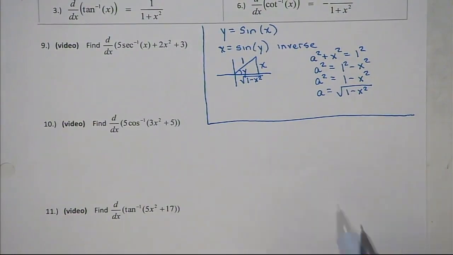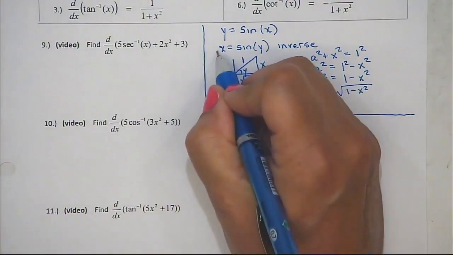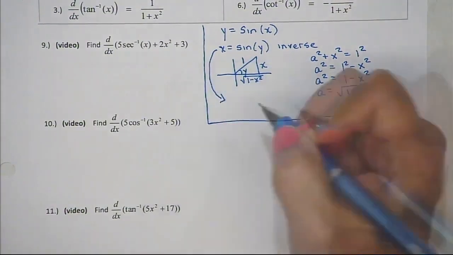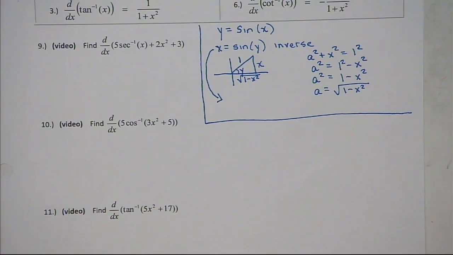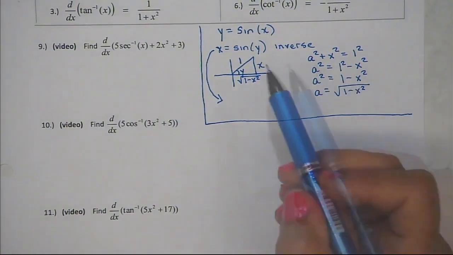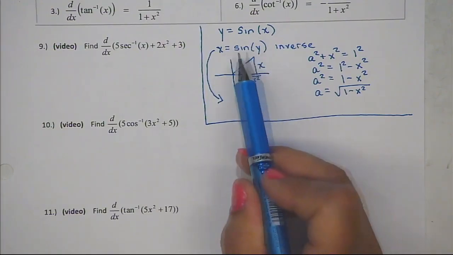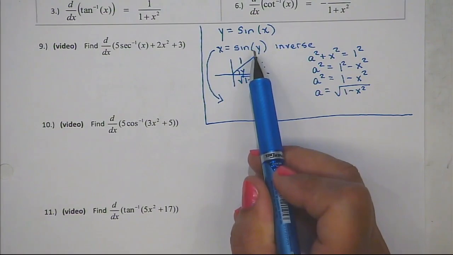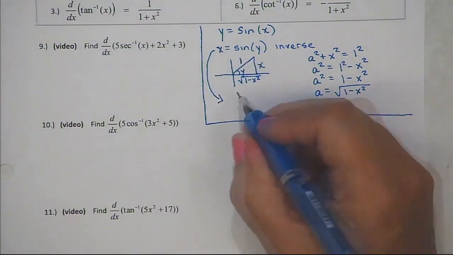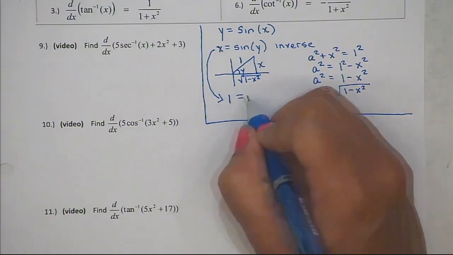Now, let's go back up here to x equals the sine of y and find the derivative, because that's what we're doing. We're finding the derivative of the inverse. So this is implicit. We're going to do the derivative of x equals sine of y implicitly. What's the derivative of x? 1.